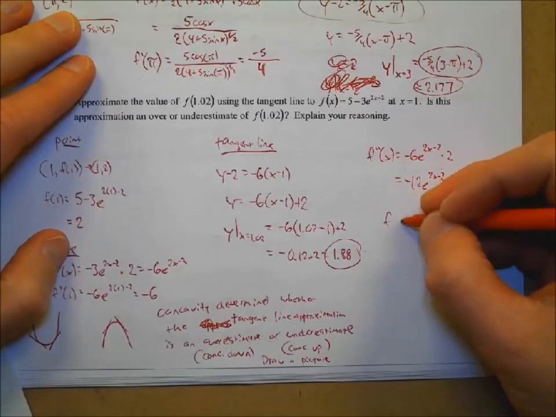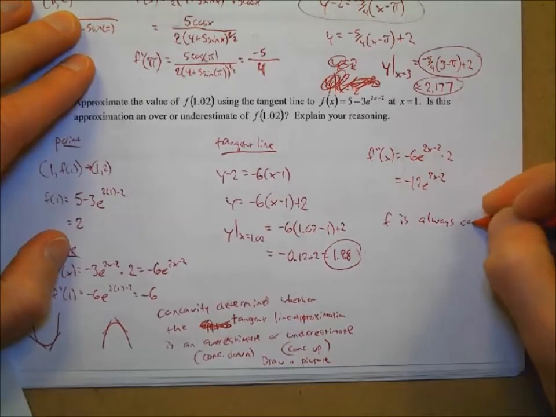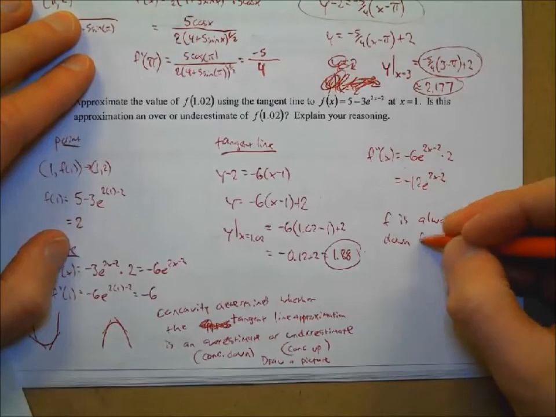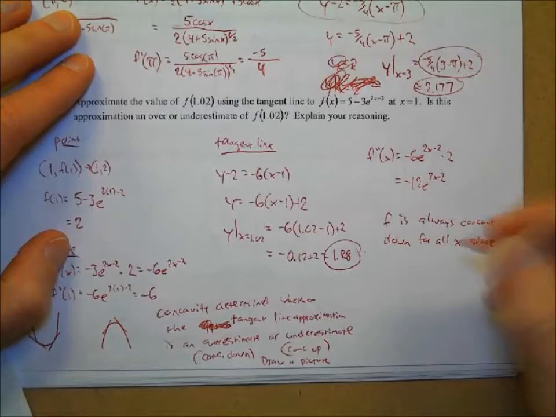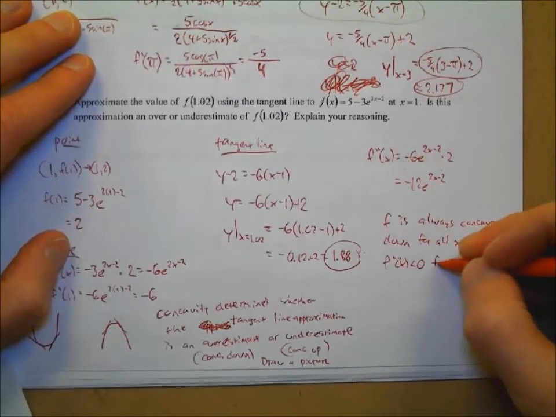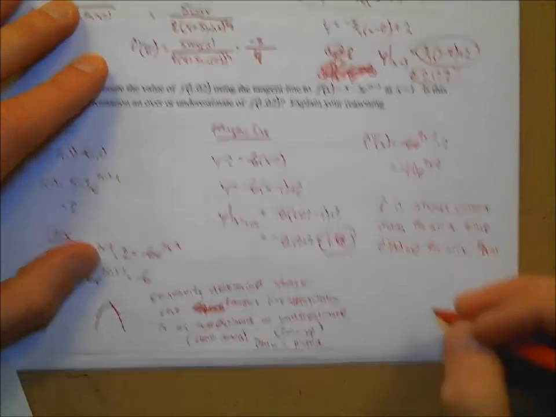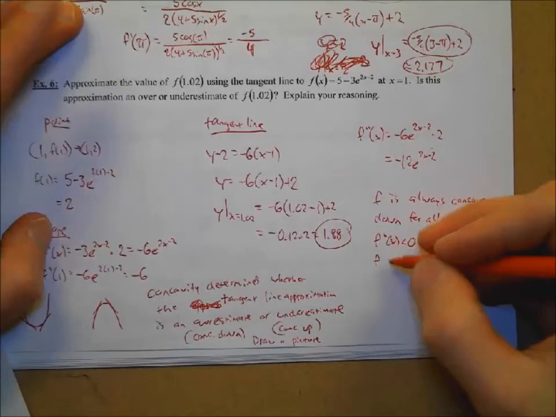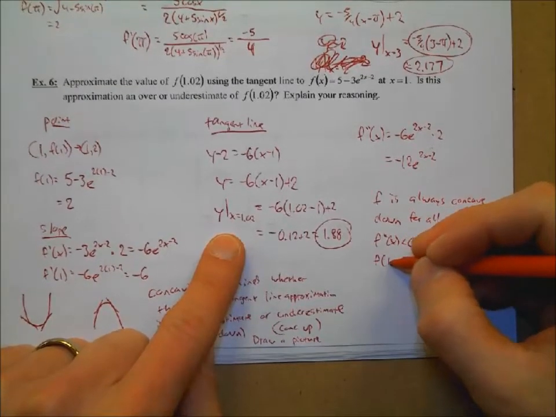So f is always concave down for all x, since f prime prime of x is less than 0 for all x. Thus, well, let's say this.